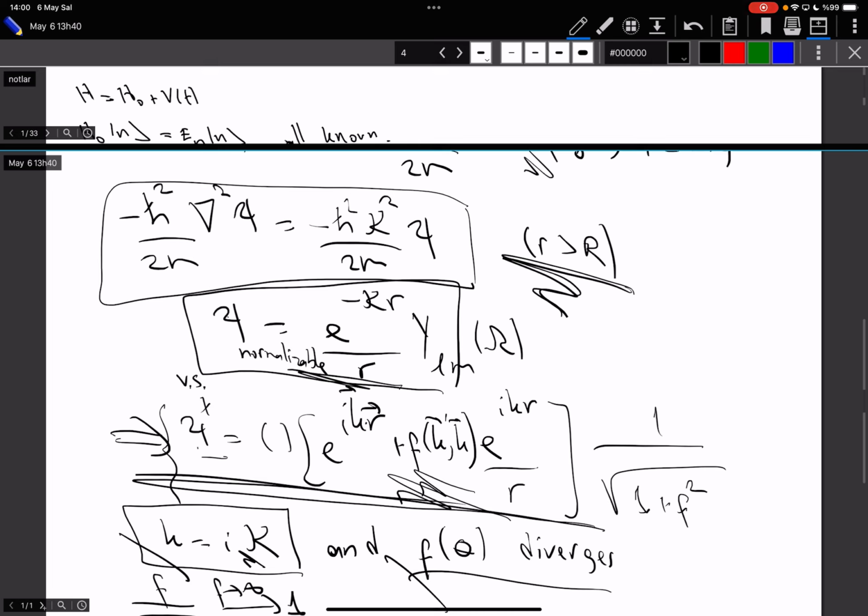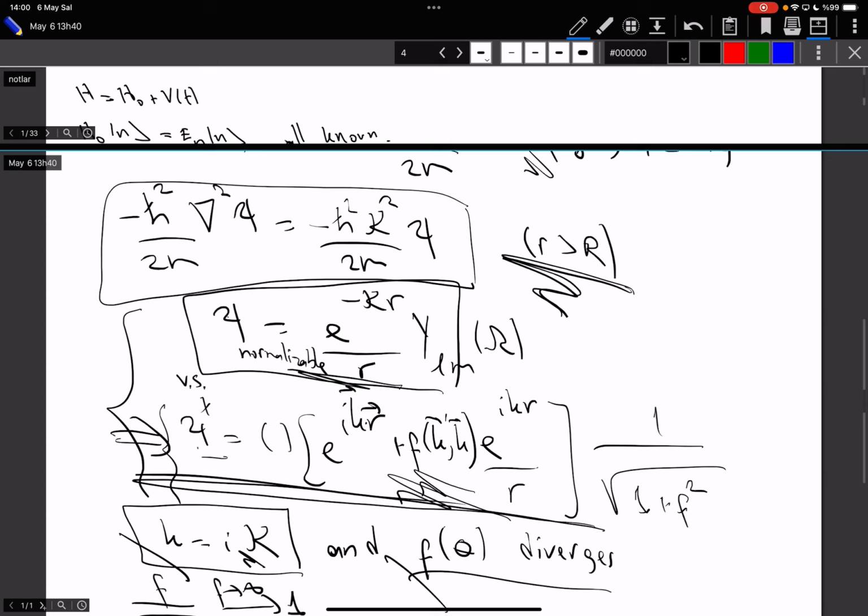Then I'm basically doing a mathematical trick. I just compare these two. There are two differences. One is when you looked at the bound state solution, it's an exponentially decaying solution, whereas the scattering solution is an oscillating solution, a radially outward wave.